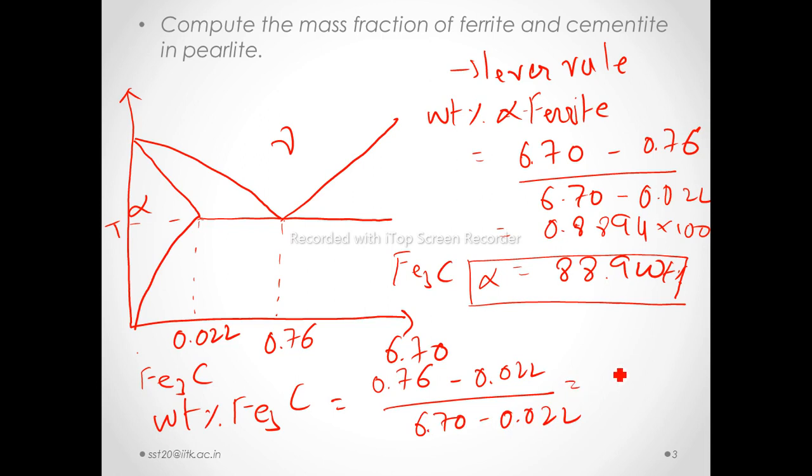This comes to 11.05 weight percent. As we discussed in the previous video lecture, alpha ferrite has the maximum portion compared to cementite, nearly 89%, and cementite is 11%.